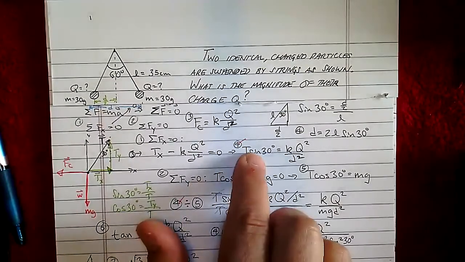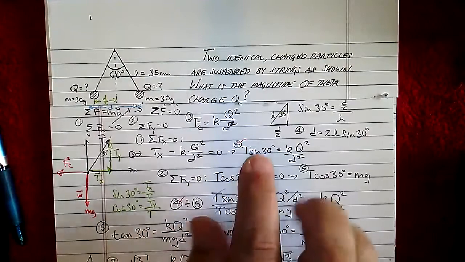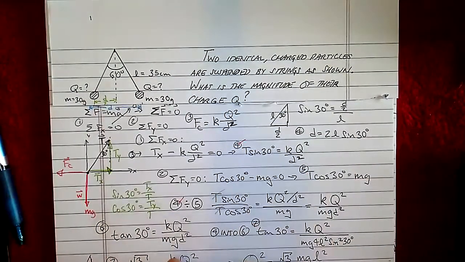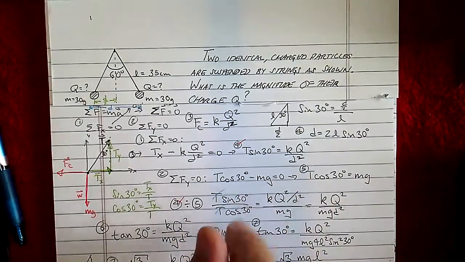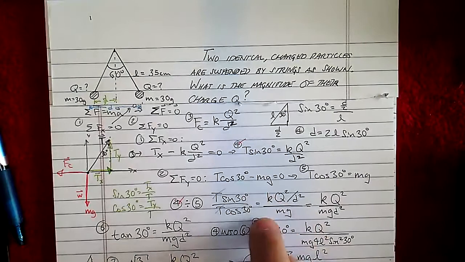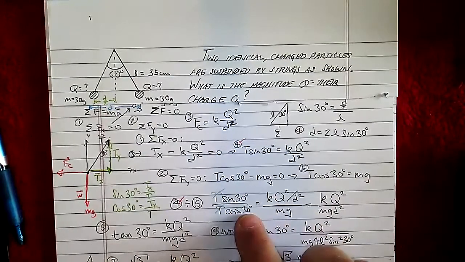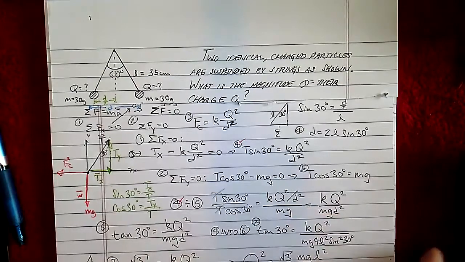Whereas if you're smart enough or experienced enough to catch the ability to divide one equation by the other, you can get rid of the unknown T right off the get-go. The only danger with this mathematically is if the denominator could in some way be 0. Obviously you never divide by 0, but in this case that wasn't an issue. So when I divided them, I got the T's canceling out and end up getting tangent of 30 degrees equals kq squared over mgd squared.